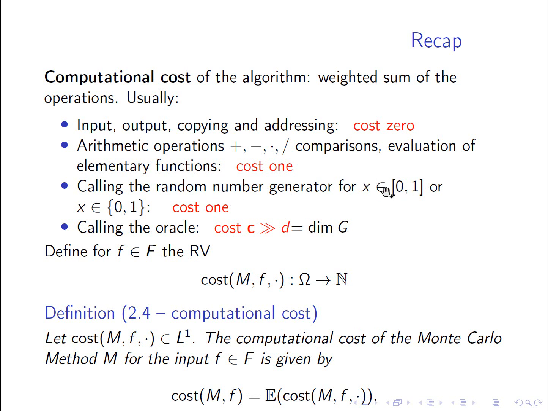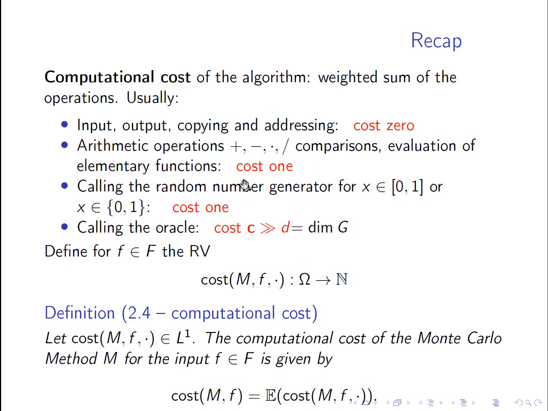Here we have those cases, either uniformly on the whole interval from 0 to 1 or uniformly on just {0,1}. And calling the oracle was the most expensive. Calling the oracle, we need to evaluate f, and this has cost c. This cost c is much larger than the dimension of the problem.